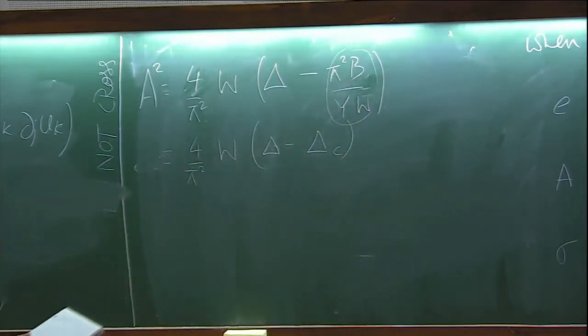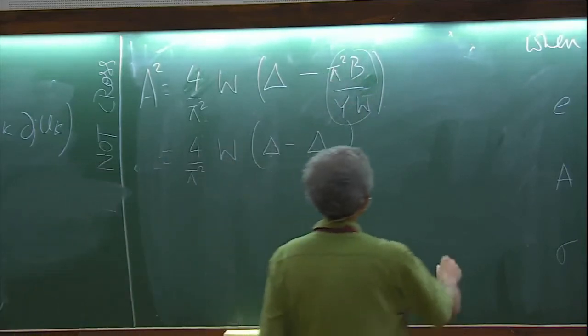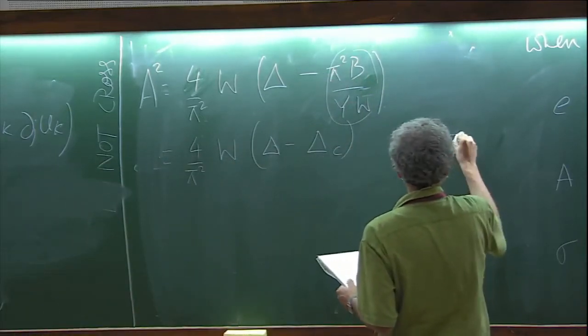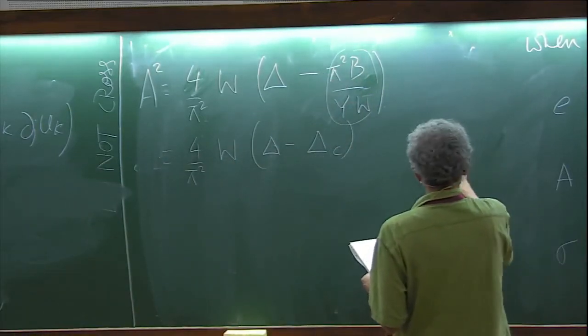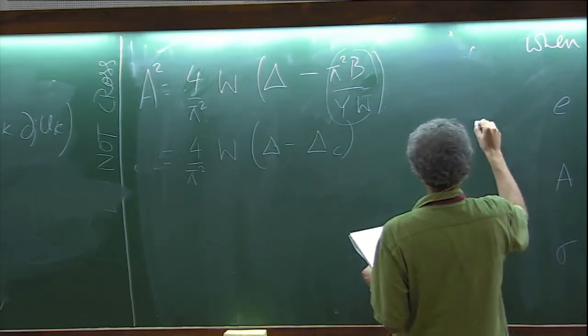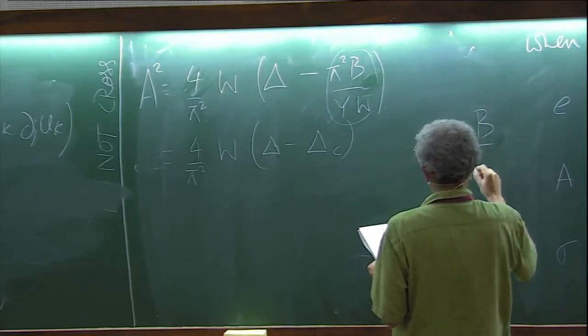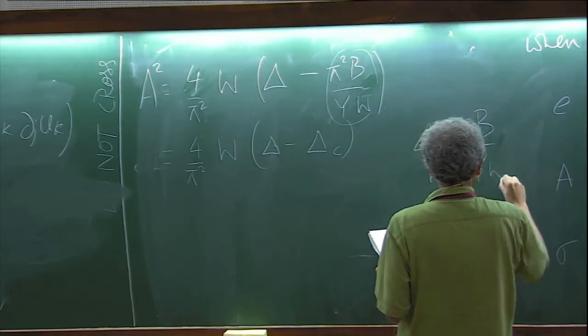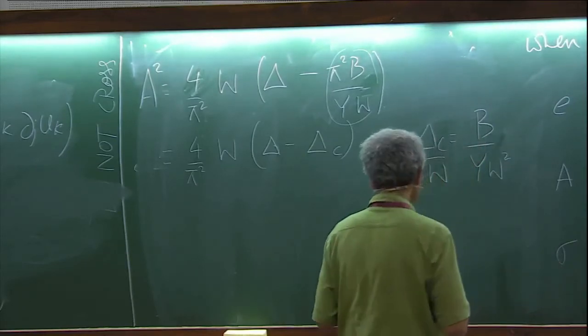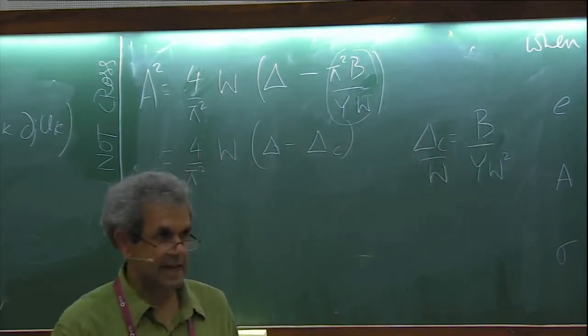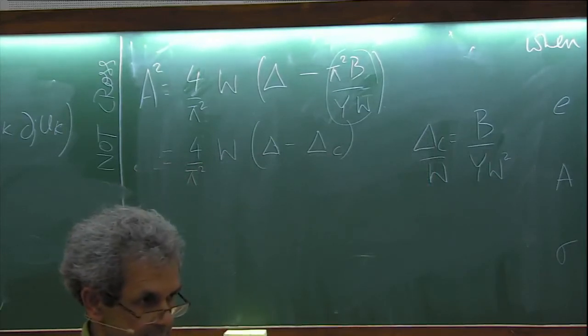Let me just write that out. Delta C, again non-dimensionalized by this, is B over Y W squared. So it actually gives exactly the same threshold as earlier.